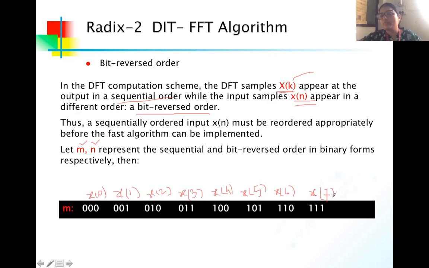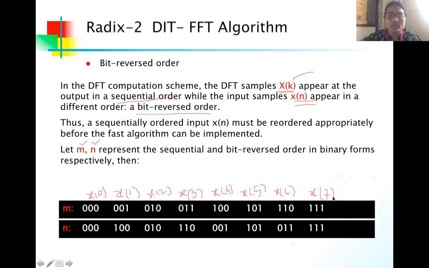But what is the requirement of the algorithm? For DIT computation, the input should be shuffled. It is the requirement of the algorithm. So here the second variable, n, is representing how much it is being shuffled. You can see that this is x of 0 input, then this 100 is representing x of 4 input, then here it is x of 2 input, then here it is x of 6, then followed by x of 1.